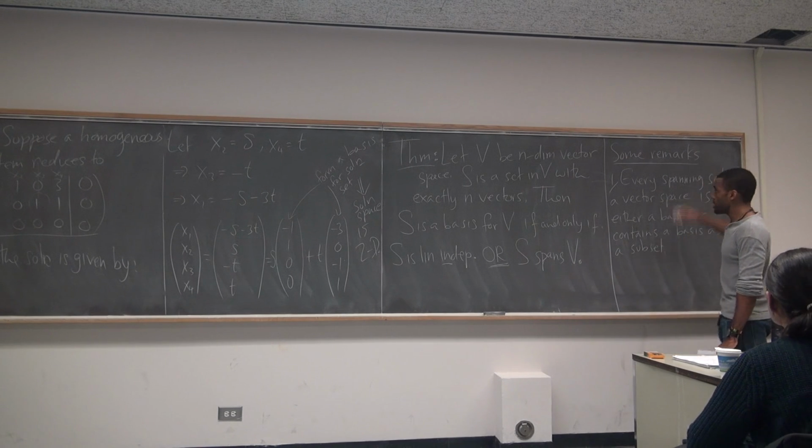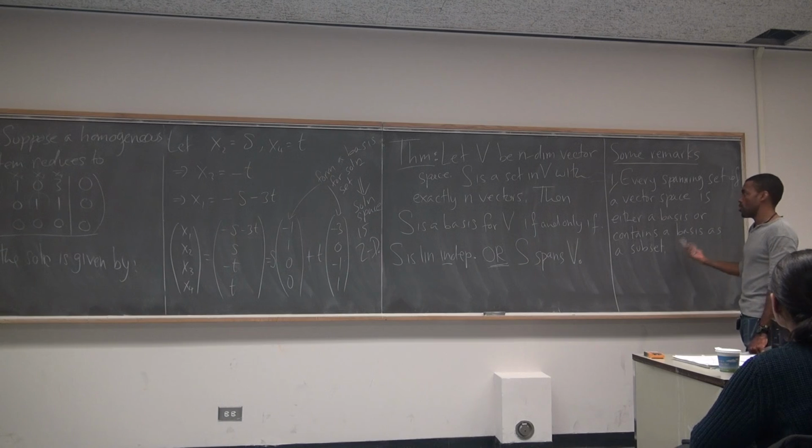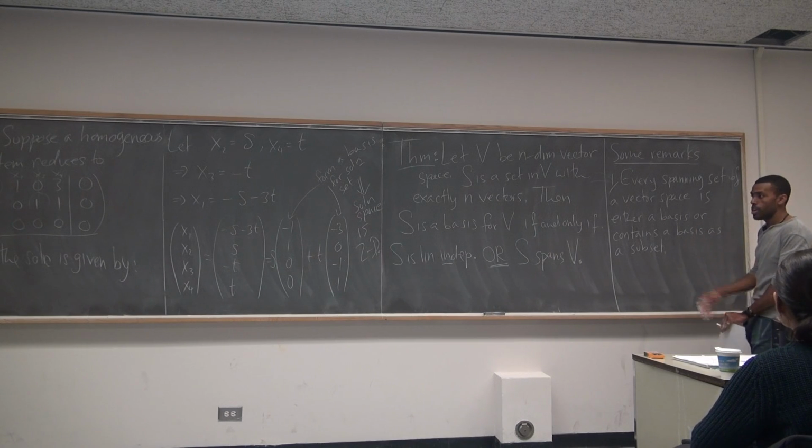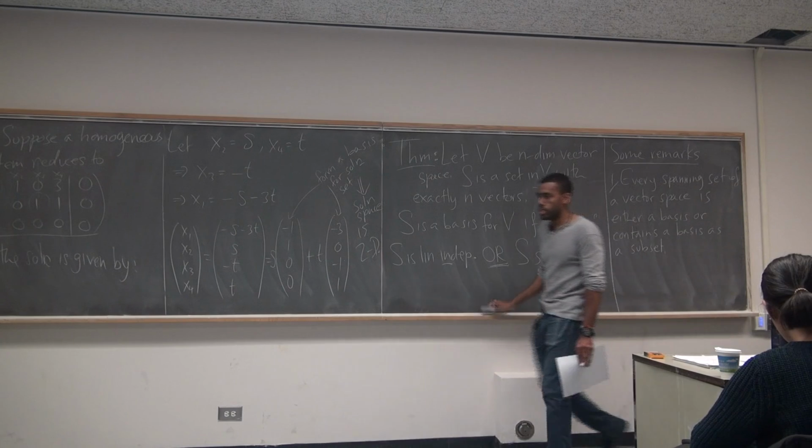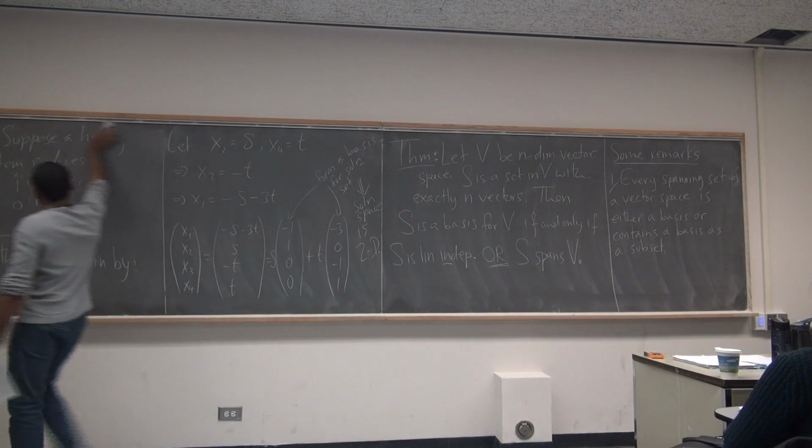Right? So once you have a set that spans your space, it's either itself a basis or it has a subset that is a basis. You might have vectors in there that are dependent and you just throw them away and you get a basis.